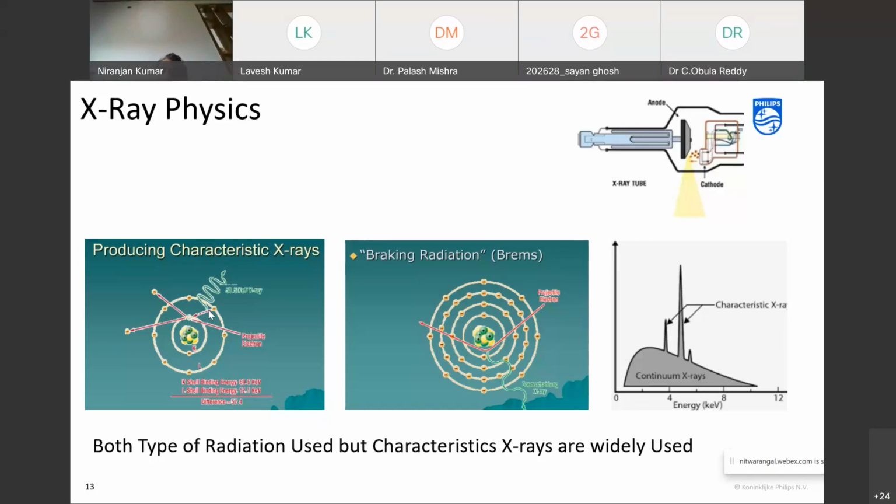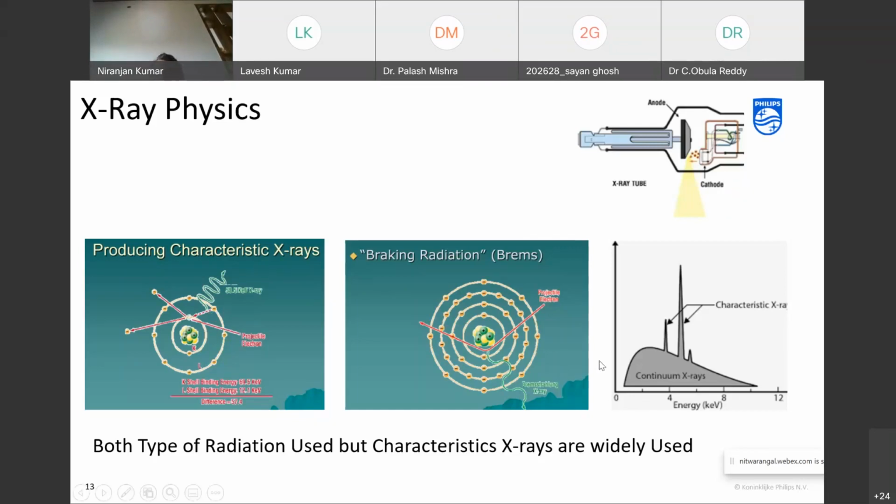The electron was at high speed, and as it approaches the positive charge there is acceleration, and then it goes out. During this process there is a loss of energy from the electron, and that energy is converted again into two types, heat and X-ray.